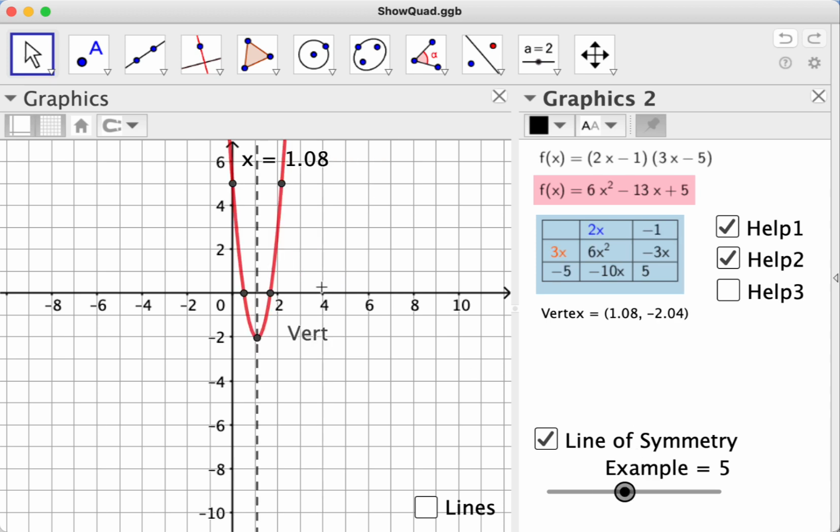And now notice that this curve for the first time actually has a different shape. It's narrower. And the reason for that is that the number that's multiplying the x squared here is no longer just 1. It's now equal to 6. And when it's 6, it ends up narrowing our curve. If you remember from our function transformations, when we multiply the x values by a number greater than 1, it actually narrows our curve.